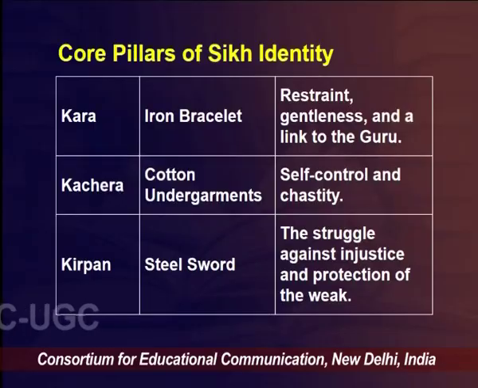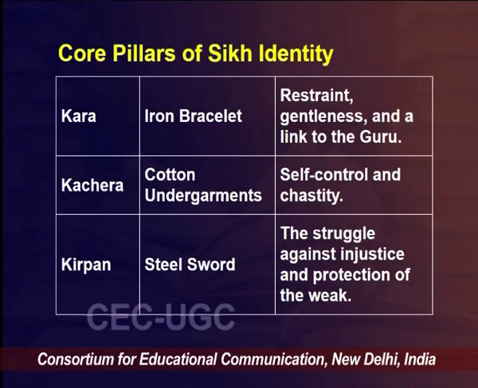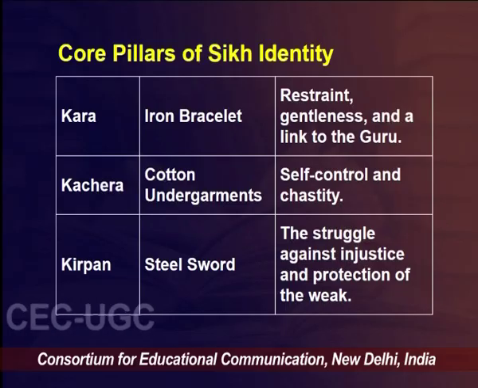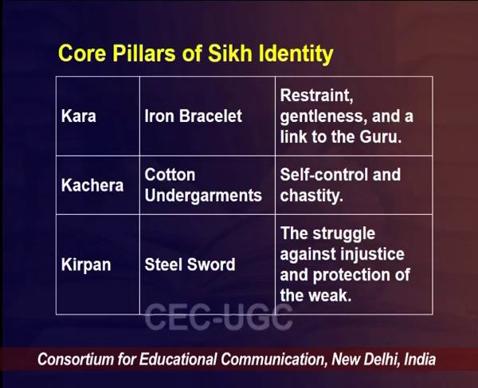The third is the kara, or the iron bracelet, and the symbolic meaning is restraint, gentleness and a link to the Guru. So, though you have a metal on your body, you are not going to use it for violence, you are just going to use it as something which is constraining you, holding you back.